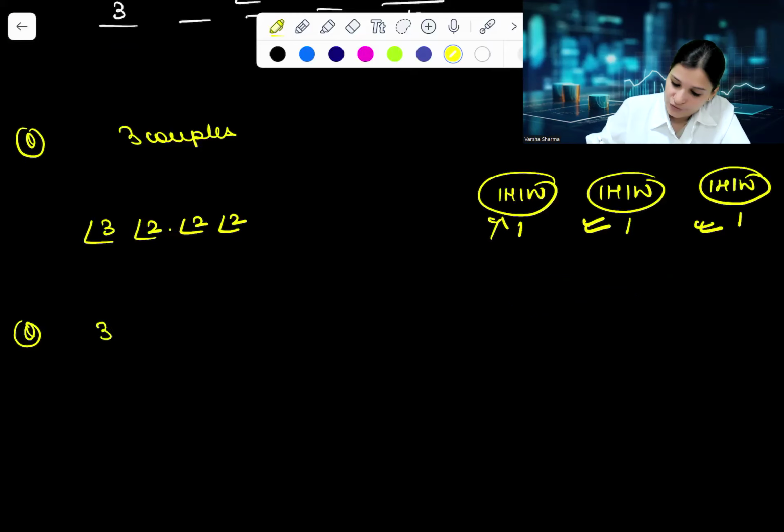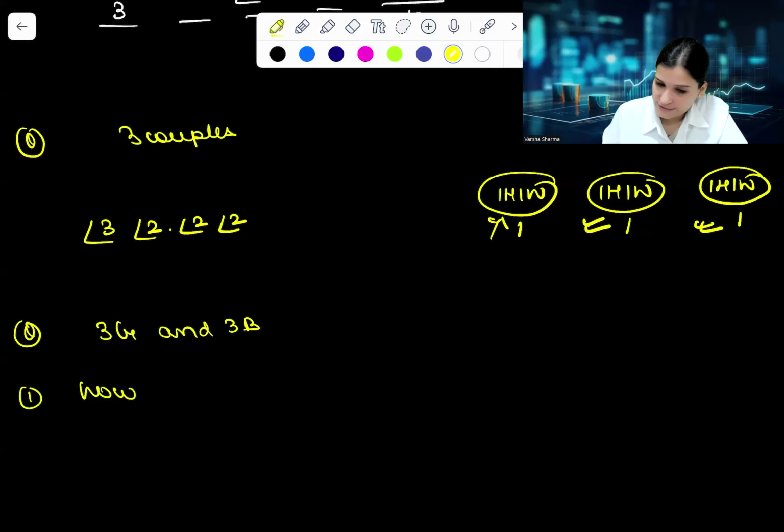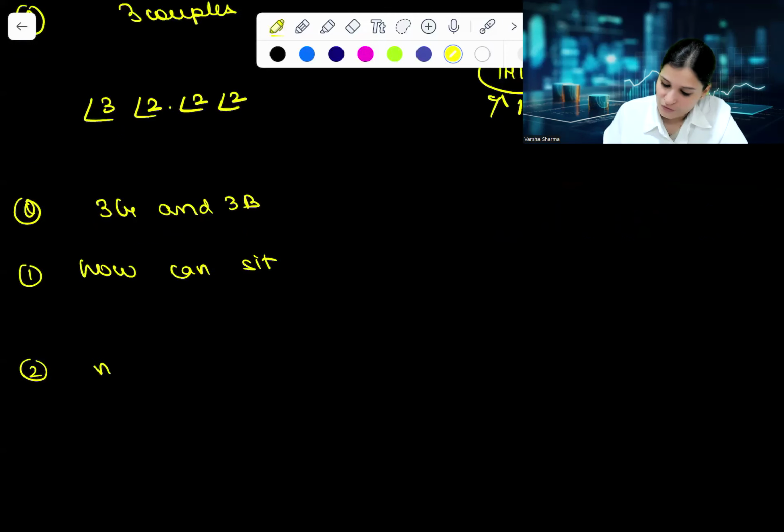Question. There are 3 girls and 3 boys. Number 1, how can they sit? Second, all boys are not together.